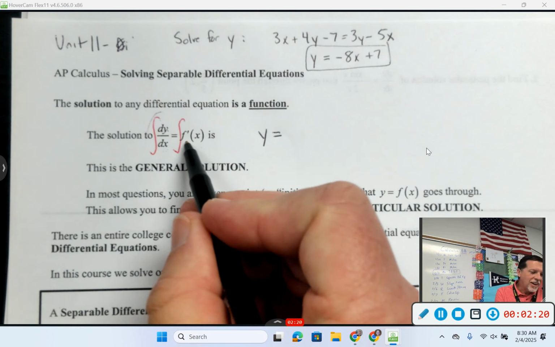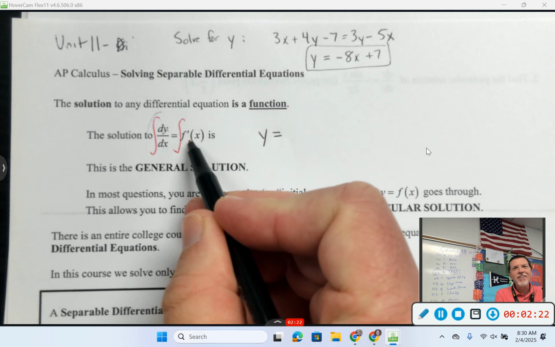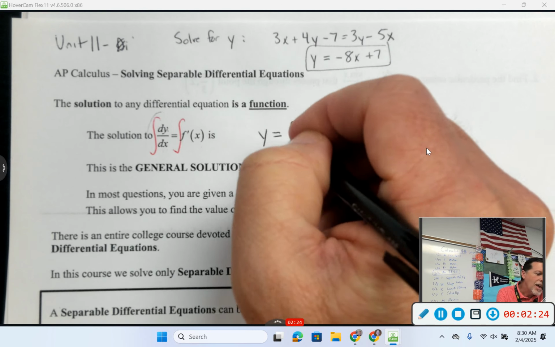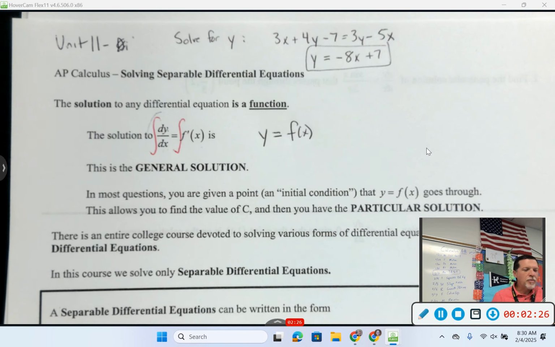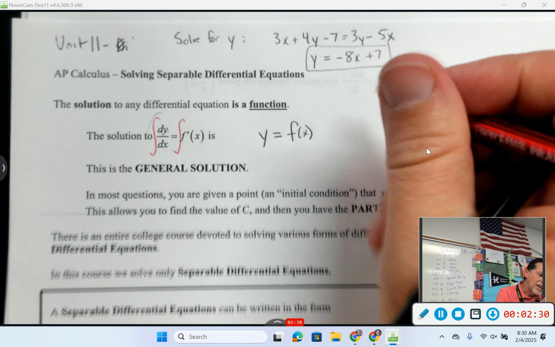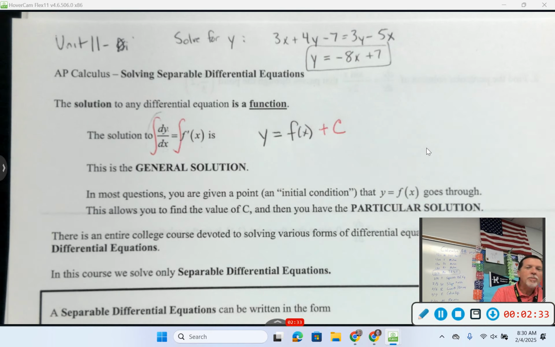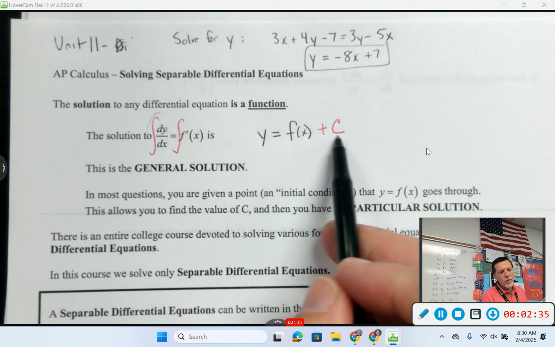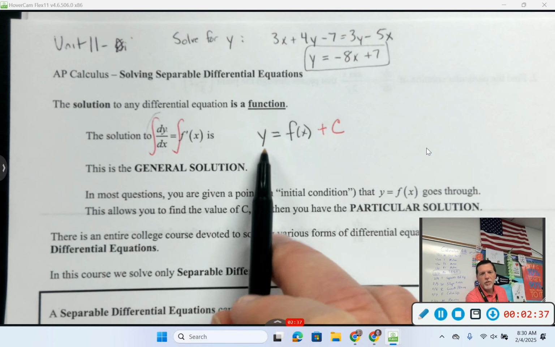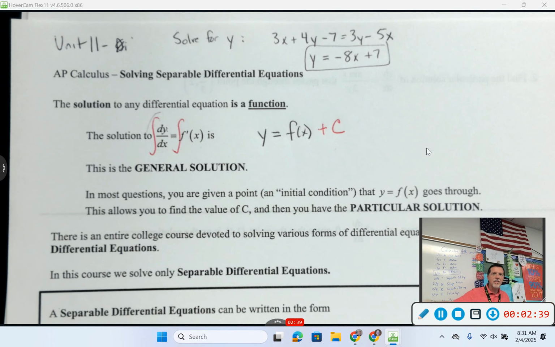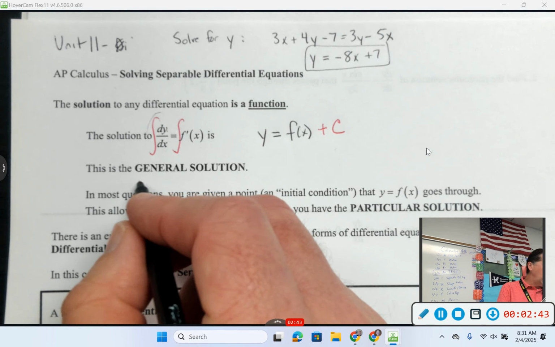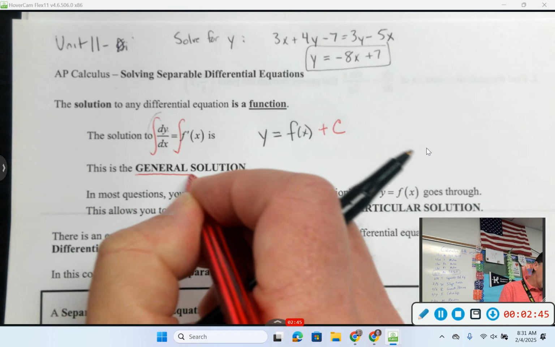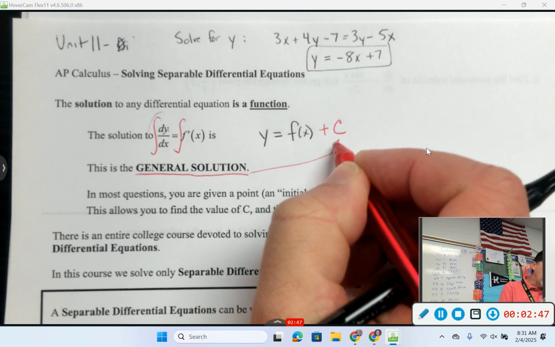And what's the antiderivative of the derivative of f? f of x. But there's one extra thing on here we have to be careful about. Plus c. When you antiderivative, the plus c shows up. And I guess you could put it on either side, but since we're solving for y, we usually put it on the not y side. This is called the general solution because of that plus c.